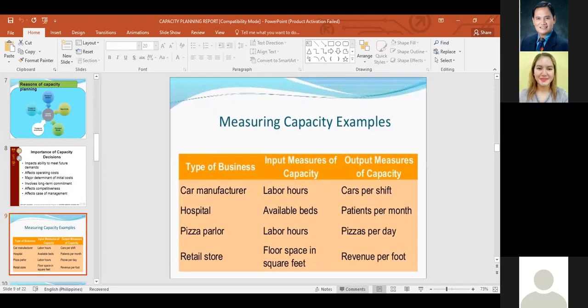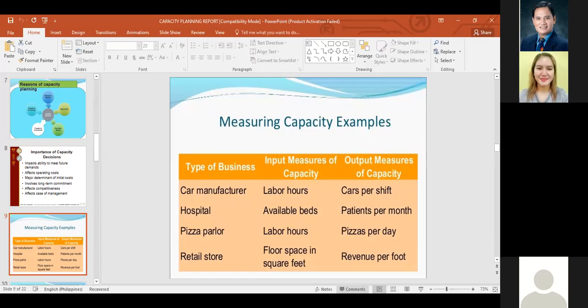For example, for a car manufacturer, we measure the capacity by means of labor hours, and the output is how many cars per shift are being made. In a hospital, the input measure is how many beds are available, and the output is how many patients per month are being accommodated.